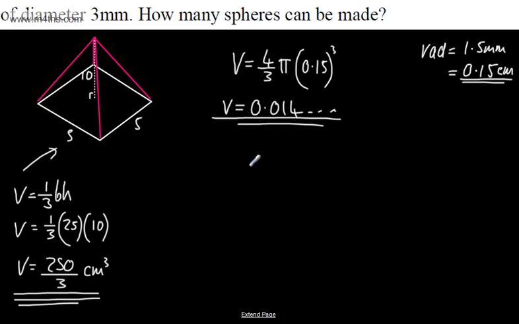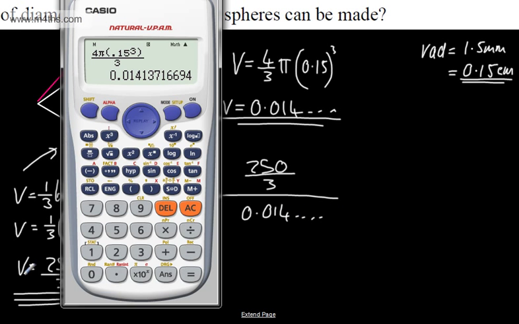So if we take this volume, the 250 over 3, assuming there's no waste, and divide it by this number, that will tell us how many we can do. So let's go ahead and do that. If you want to store this, Shift Store A, just in case you make an error.